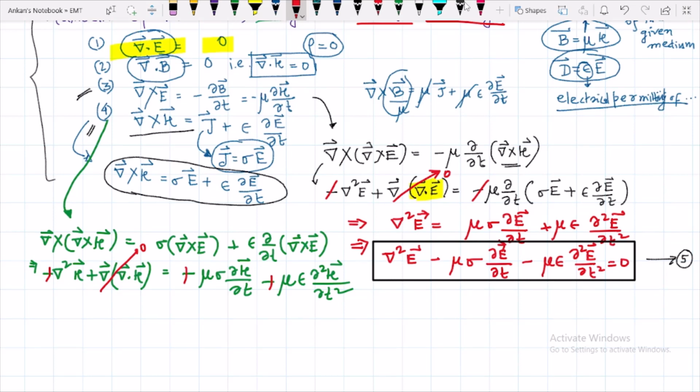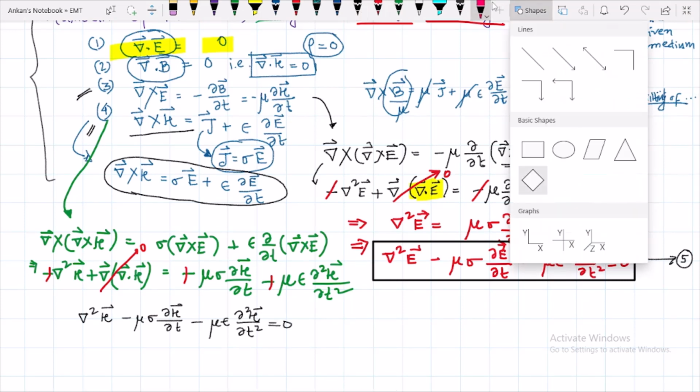So if we interchange the position, we are able to obtain the equation as grad squared H minus mu sigma del H del T minus mu epsilon del 2H del T2 is equal to 0.